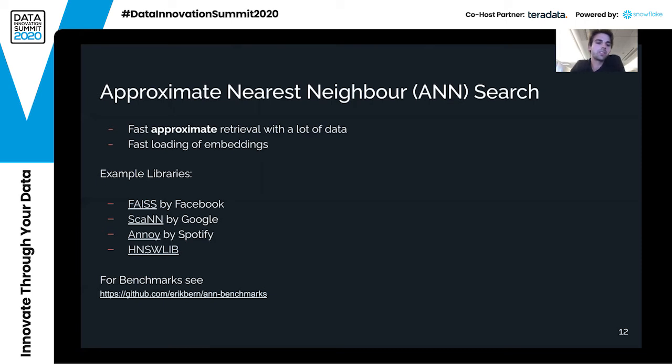But as always, different libraries make different trade-offs and have different performance benchmarks. And you can check out this GitHub repository by Erik Bernhardsson, the author of Annoy as well as of these approximate nearest neighbor benchmarks, where you can compare different nearest neighbor searches and their performance.